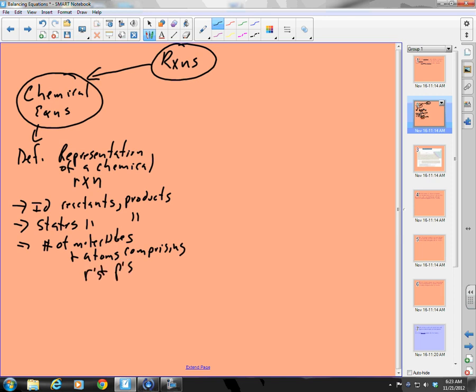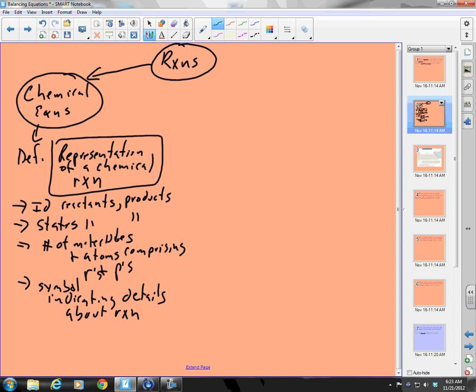Okay, so those are the kinds of things, and I guess finally symbols indicating details about the reaction, such as at what temperature it takes place and that. But to simplify it, it is just a representation of a chemical reaction.